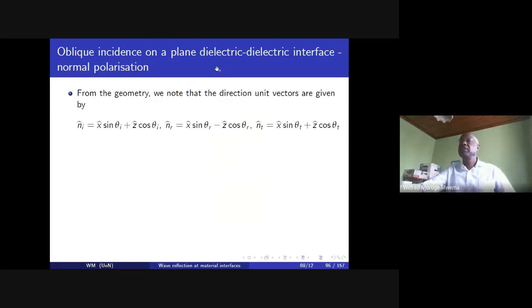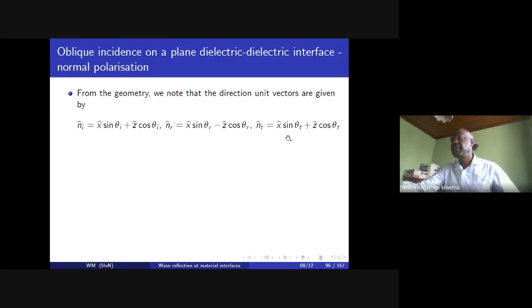So from the geometry of the structure, the direction vectors are given as follows. That is, n_i cap is going to be given by x cap sine theta I plus z cap cos theta I, and n_R cap is given by that equation, and n_T cap is given by that. So these are the unit vectors of the direction vectors for the incident wave, the reflected wave, and the transmitted wave.